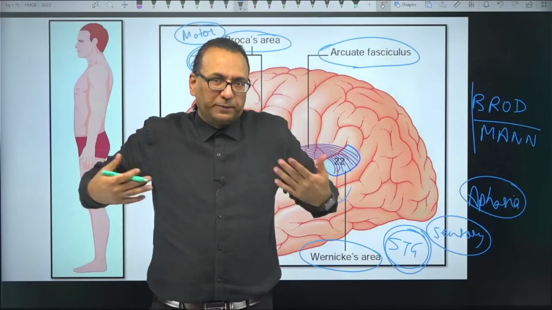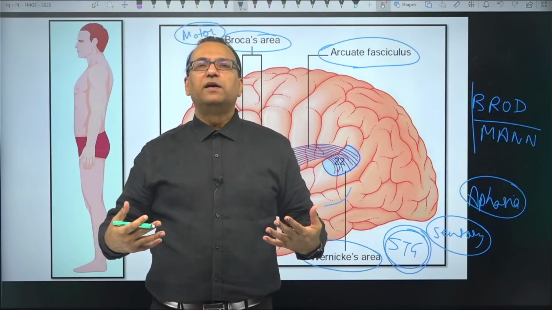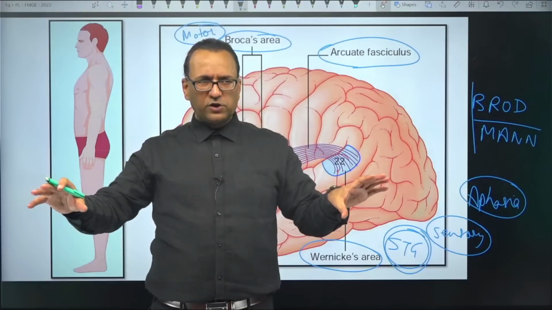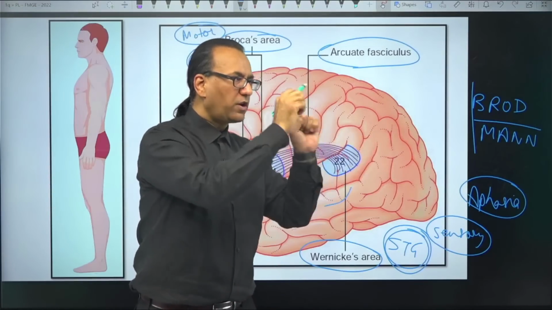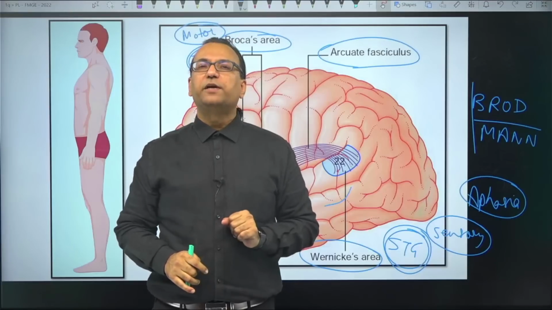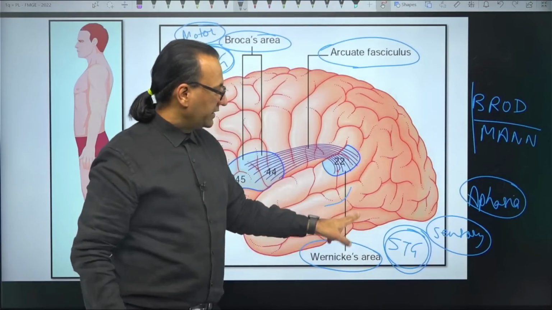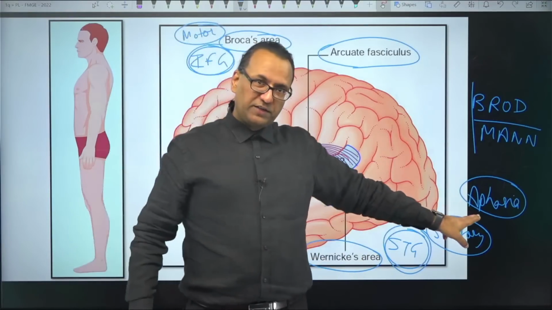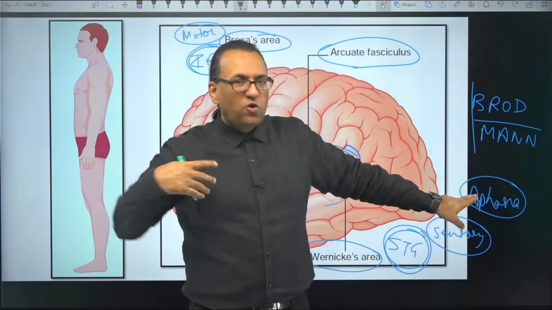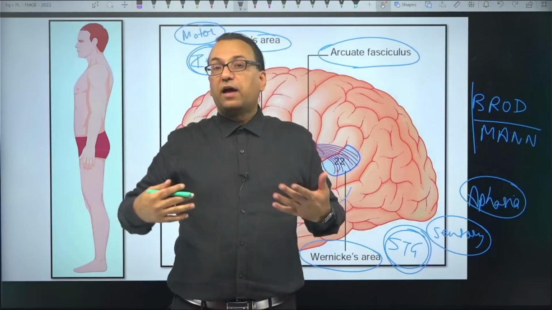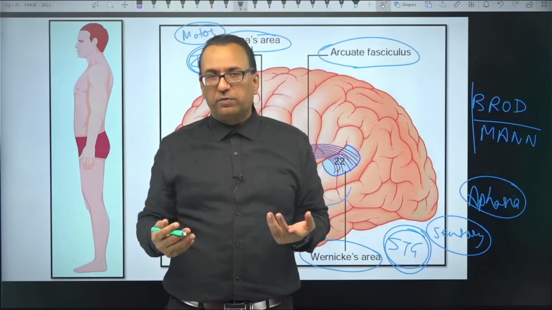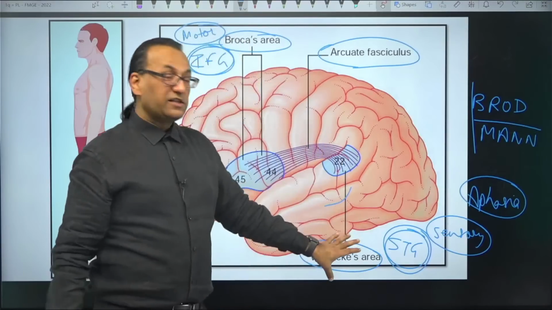So they just want to express themselves. In the OPD, you'll find one person sitting there speaking continuously, non-stop and nonsense. You'll immediately identify that this patient must have Wernicke's sensory aphasia. He doesn't know that there is something wrong with him, and he doesn't know what he's speaking about. He doesn't know what you are speaking about because there is a problem with understanding, comprehension.